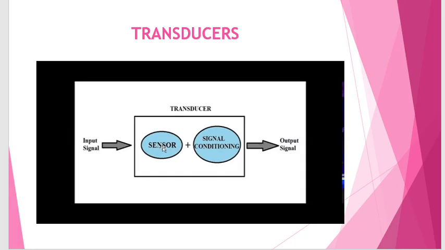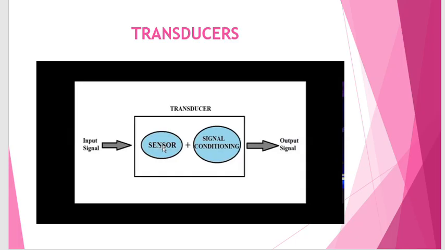Now let us become familiar with the block diagram of the transducer. We have an input signal, or you can call it a physical signal, a physical input, and it will have an output signal. It is a measurable quantity, a measured output signal corresponding to the input signal.